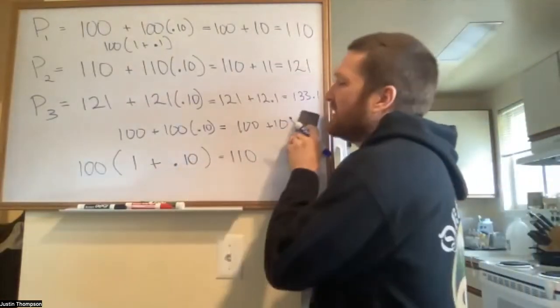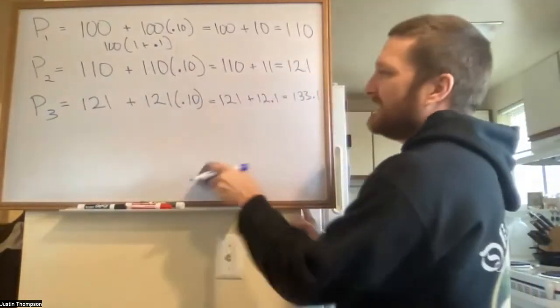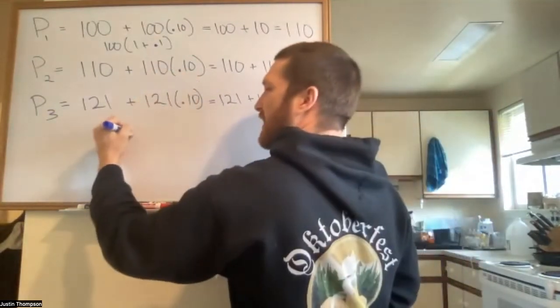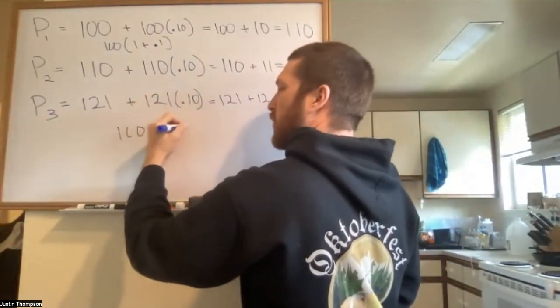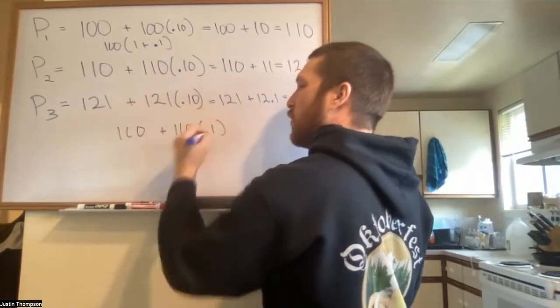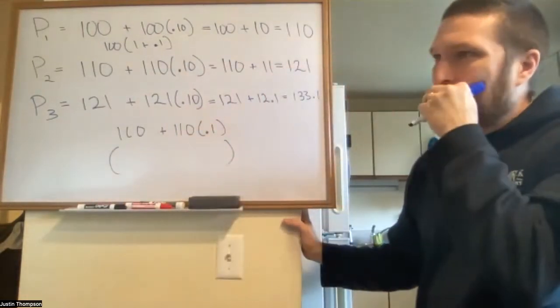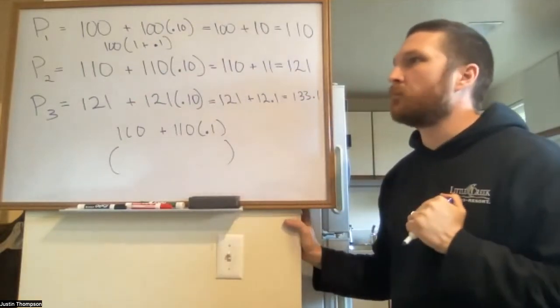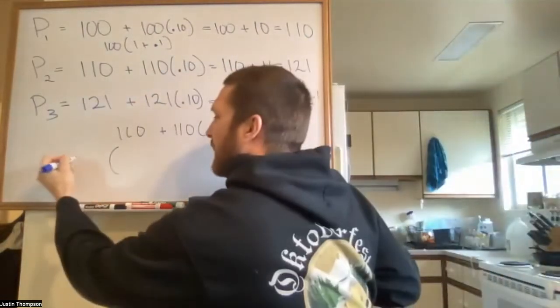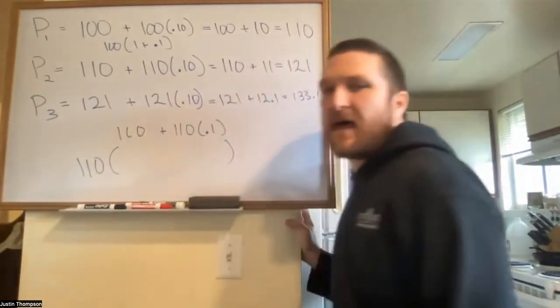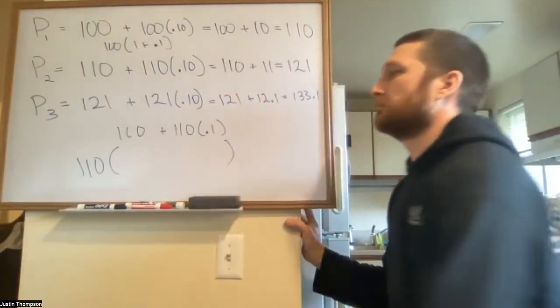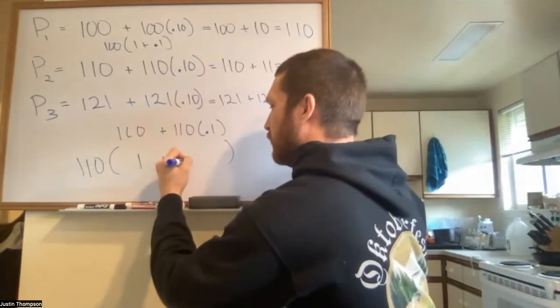Can I factor something out of the second equation? This thing right here, 110 plus 110 times 0.1. Is there a common factor that I can pull out? 110. 110. And what's left over on the inside? 1 plus 0.1. 1 plus 0.1.